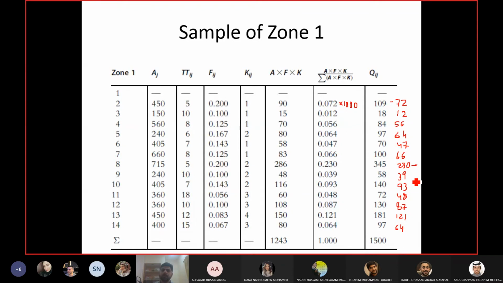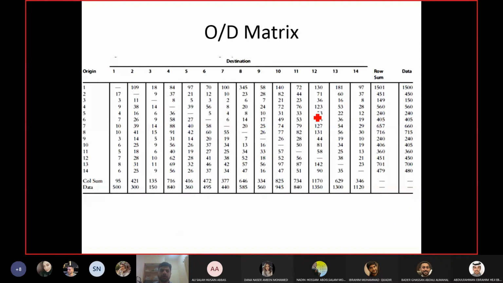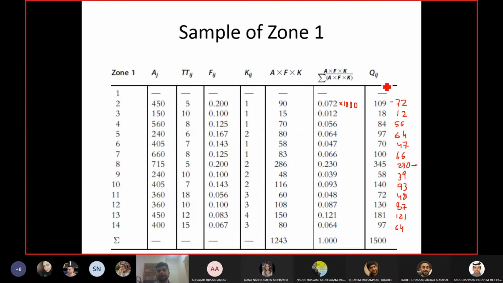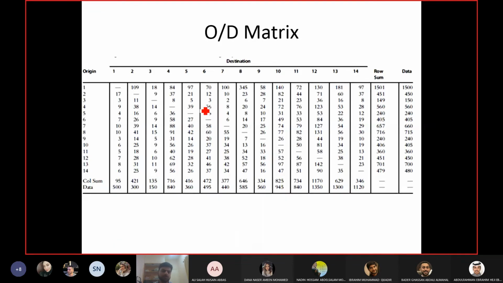Now we have calculated these numbers. In the previous table we calculated these numbers, where, as I said, the origin is zone 1 and the destination is the other zones. So these are trips from zone 1 to the other zones.